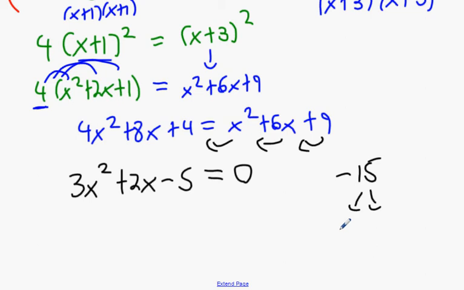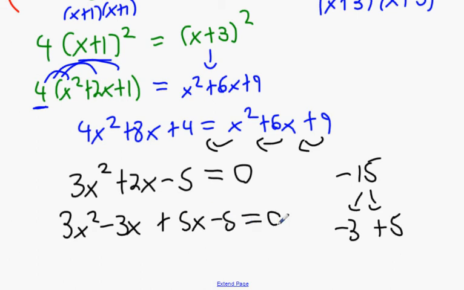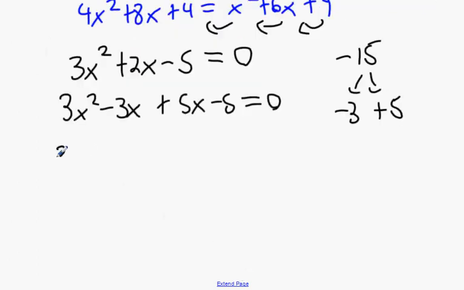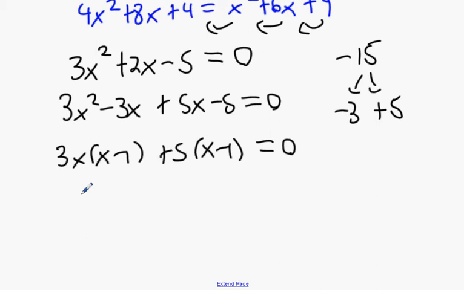5 and minus 3. So minus 3 plus 5. No bother. 3x squared minus 3x plus 5x minus 5 equals 0. After that, 3x bracket x minus 1 plus 5 bracket x minus 1 equals 0. 3x plus 5 bracket x minus 1 equals 0.